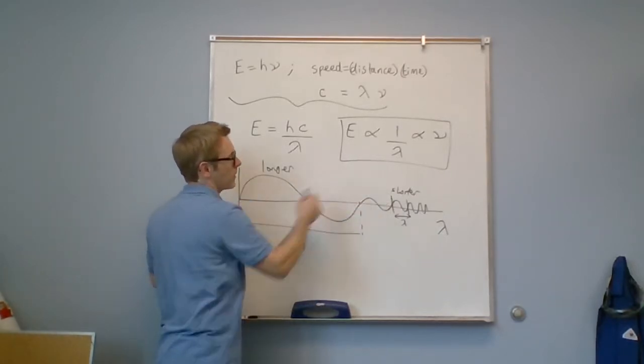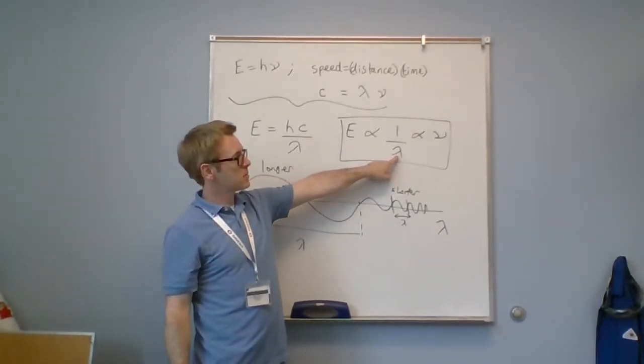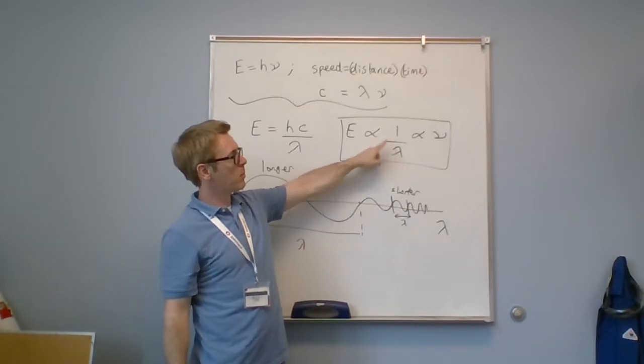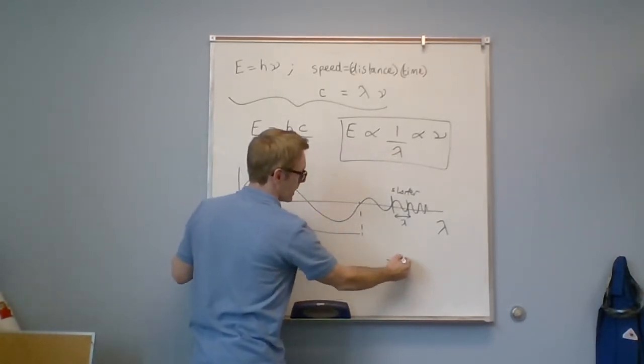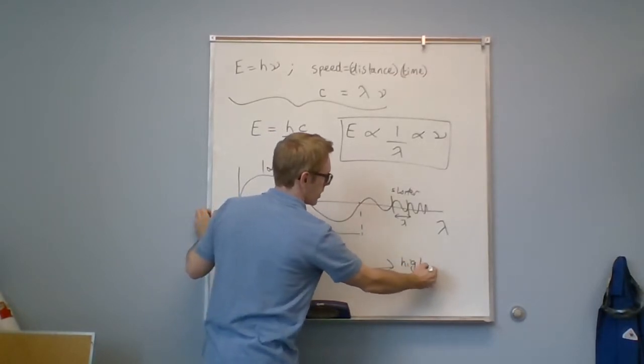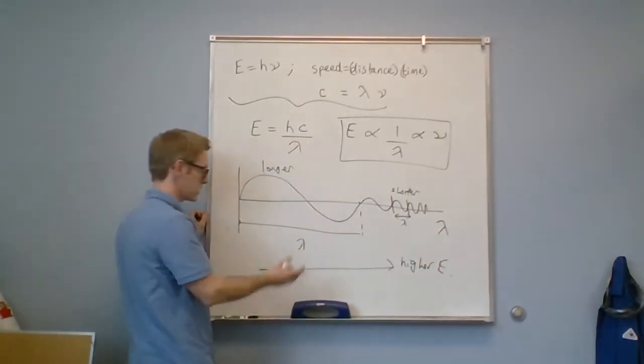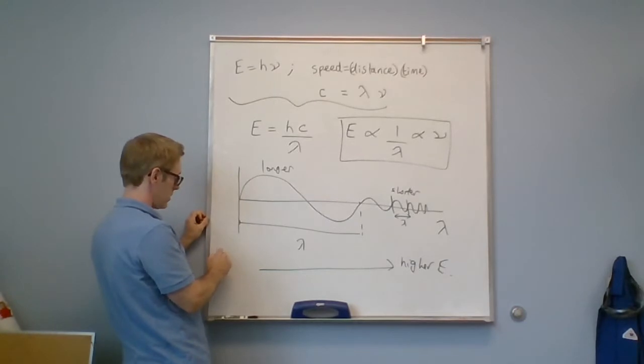So a shorter wavelength means a smaller lambda, which is proportional to a larger energy. So I know that going this way, I have higher energy, whereas over this way, I have lower energy.